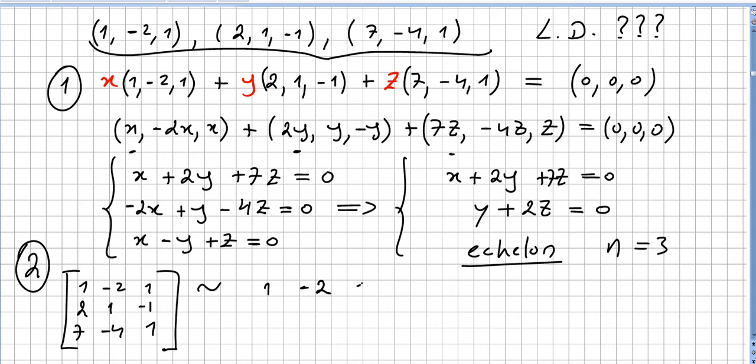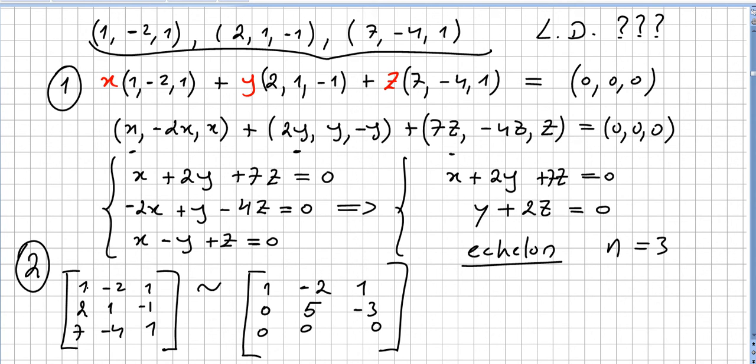1, minus 2, 1, 0, 5, minus 3, 0, 0, 0. That's what I'm getting. Well, let me see. Yes, minus 7 here, right? Minus 7 plus 0, minus 7, you get 14, right?